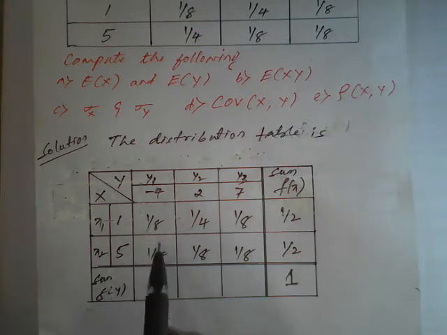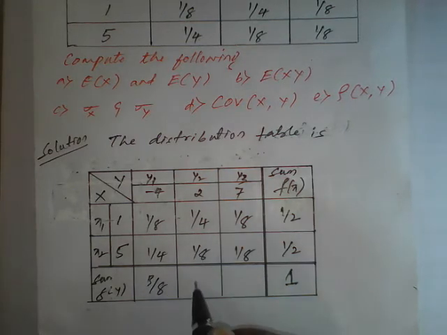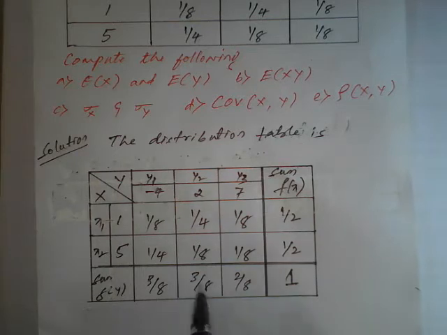Now we'll check the columns. 1/8 plus 1/4 will be 3/8. Again 1/4 plus 1/8 is 3/8. 1/8 plus 1/8 is 2/8. So 3/8, 3/8 and 2/8: 3 plus 3 is 6, 6 plus 2 is 8, and 8/8 is 1.